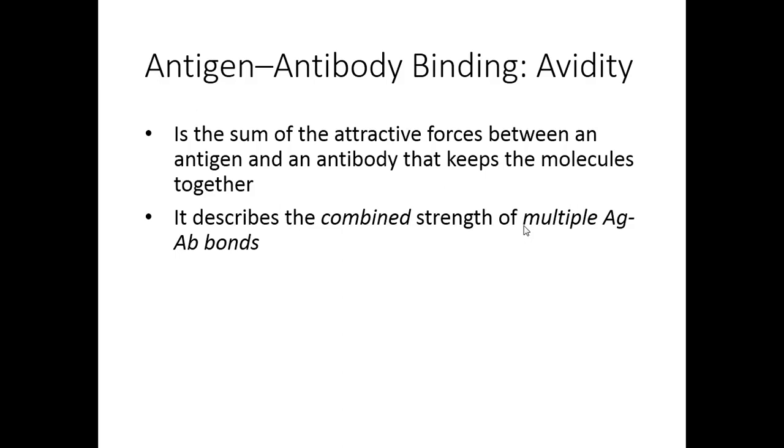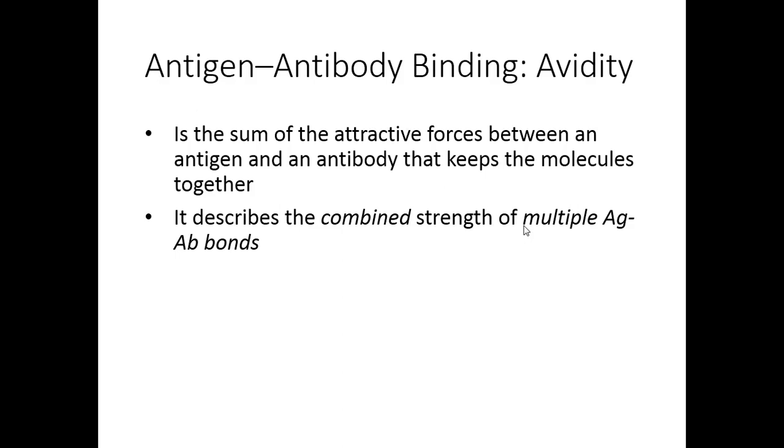Avidity, on the other hand, is going to be defined as a measure of the overall strength of the antigen-antibody binding complex that we just saw. It's a combined strength of all the forces that keep an antigen and antibody together once they've combined. So affinity is that initial binding.